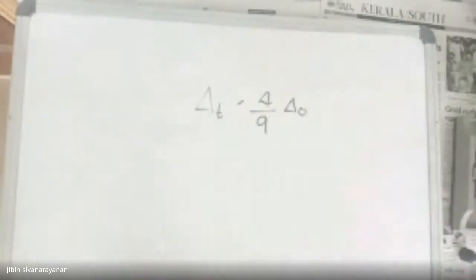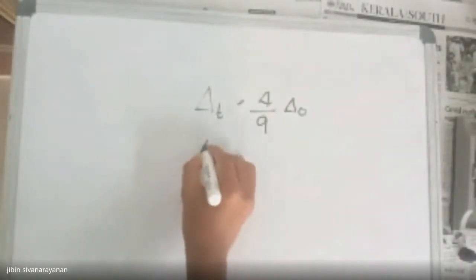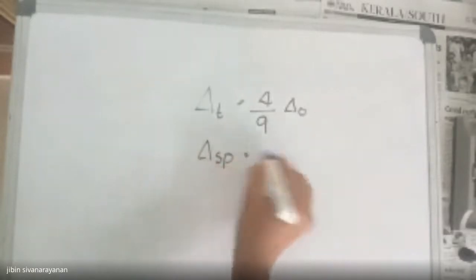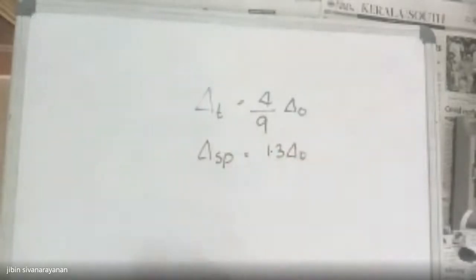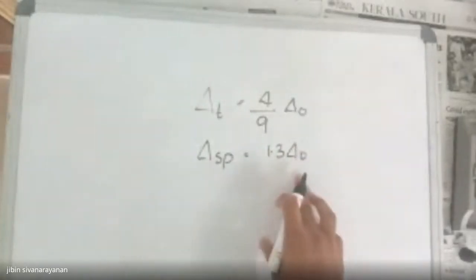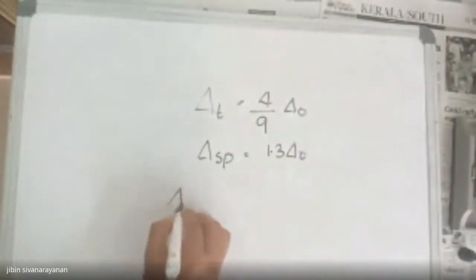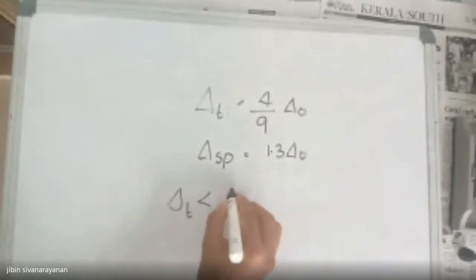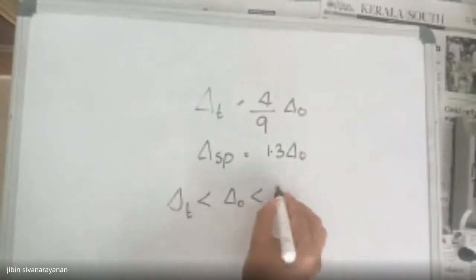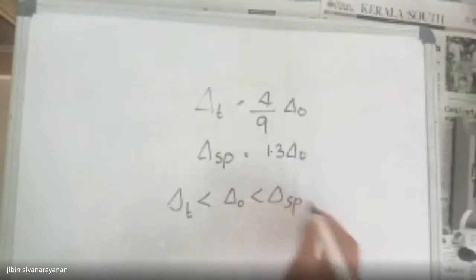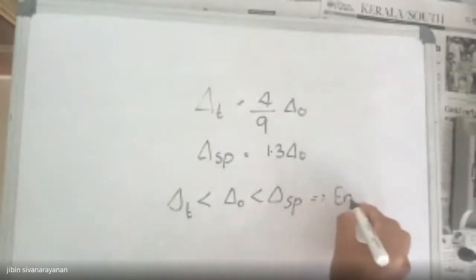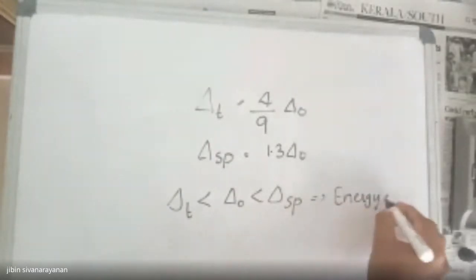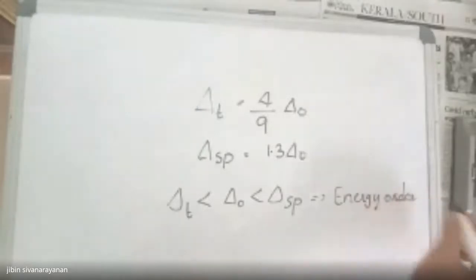And in the same way, square planar splitting is equal to 1.3 times octahedral. So the order would be, the splitting in tetrahedral is much lesser than in octahedral, and the higher one is square planar. This is the energy order. If it is wavelength order, we have to reverse it.